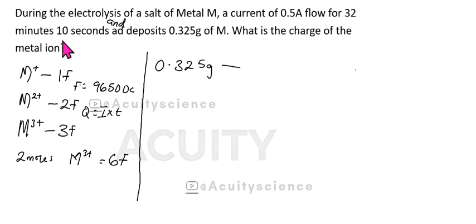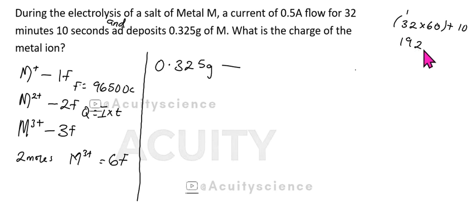We have to multiply 32 times 60, then whatever we have as our answer, we add 10 to it. So 6 times 2 is 12, and 2 carry 1. Then 6 times 3 is 18 plus 1, 19.